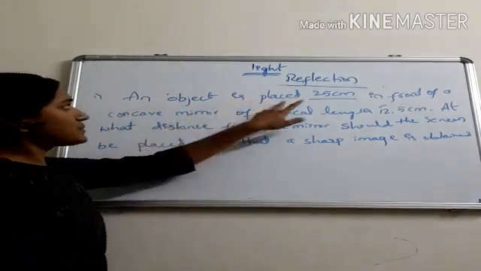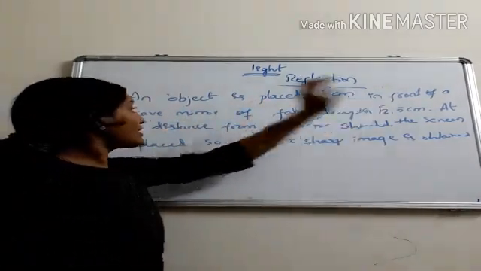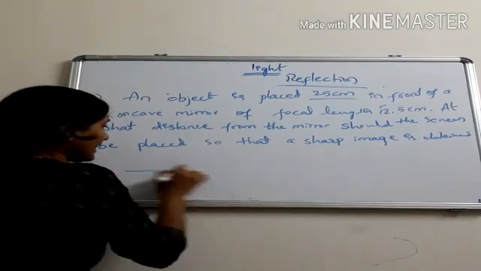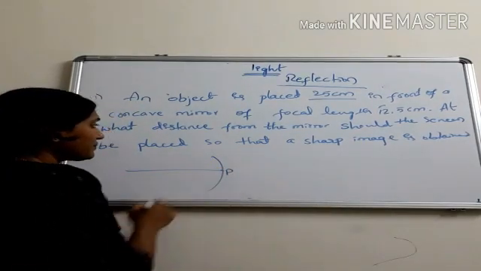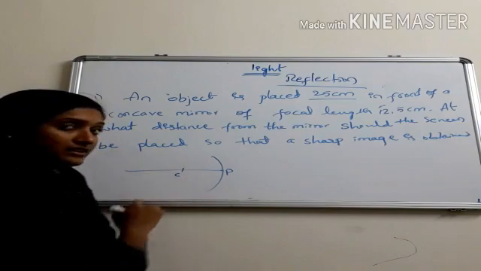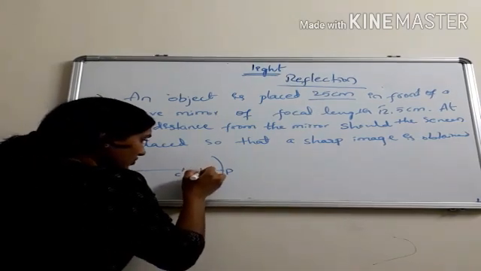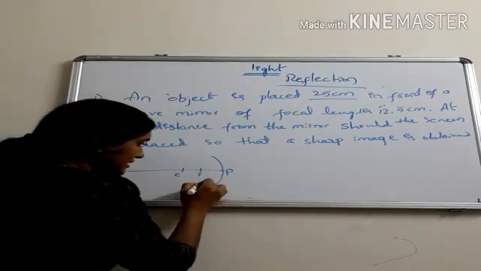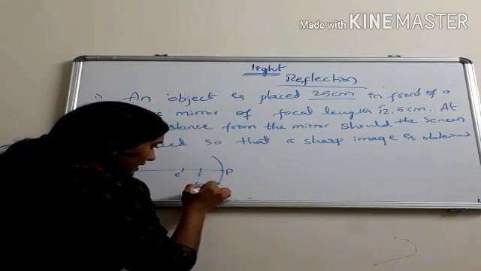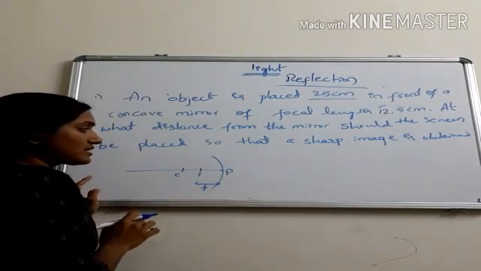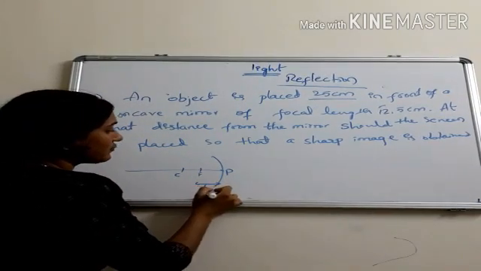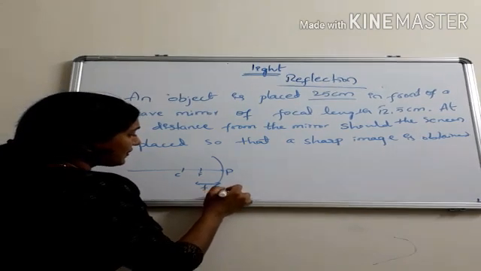An object is placed 25 centimeter in front of the concave mirror. I'll write, it's a concave mirror. This is the center of curvature. This is the focus, and this is the focal length between the focus and the pole of the mirror. They have given the focal length as 12.5.